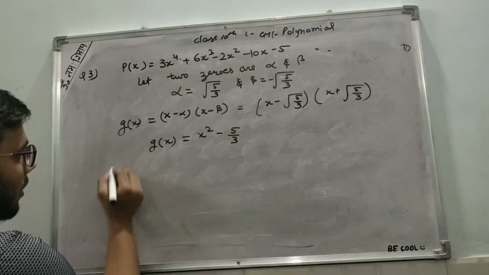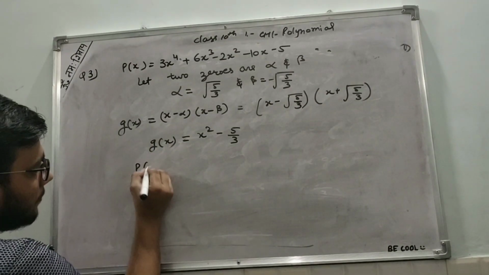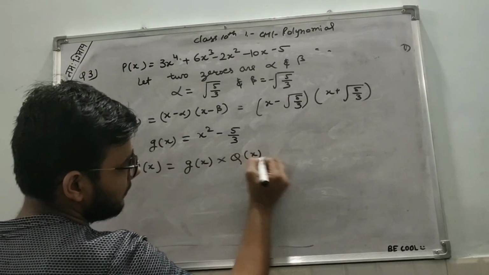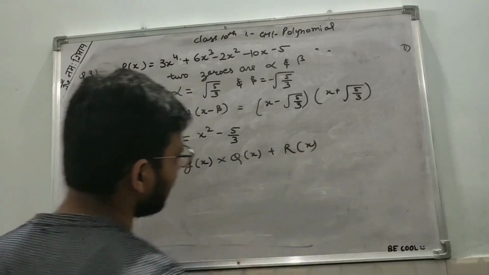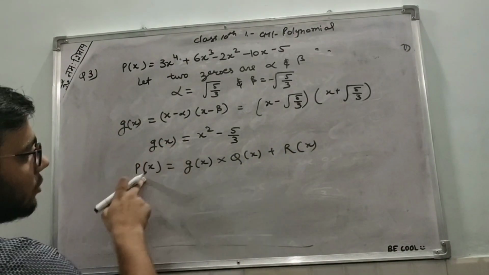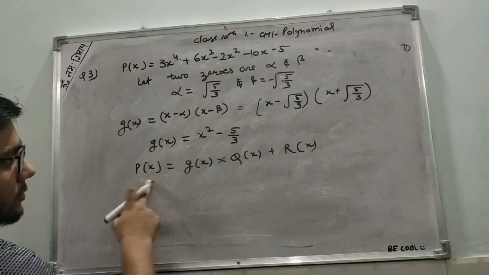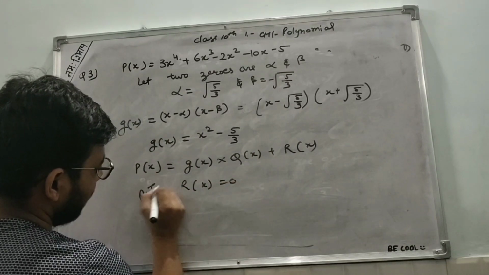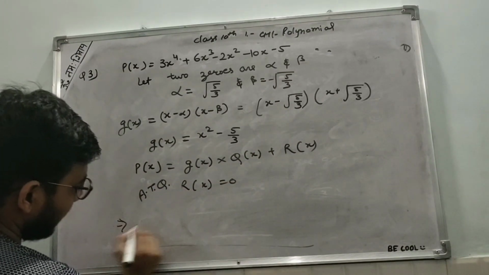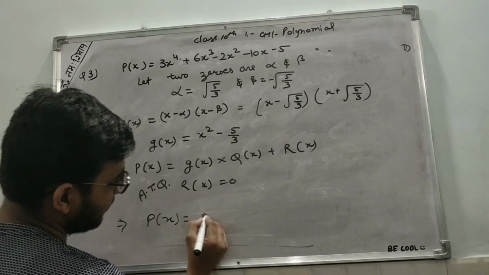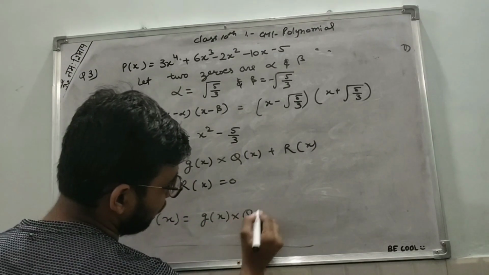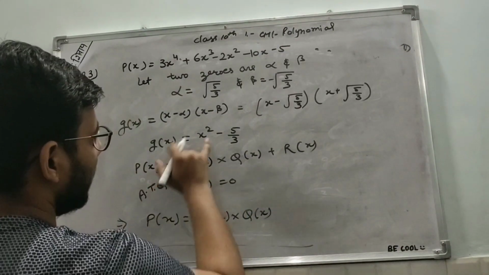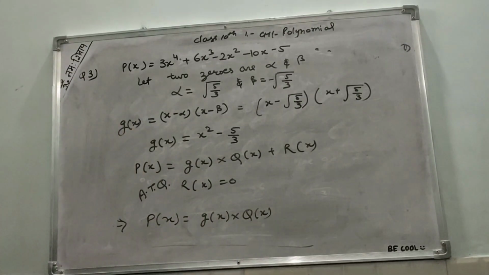Now apply the division algorithm. We have p(x) = g(x) q(x) + r(x), but g(x) is a factor of p(x), so r(x) is 0 according to the question. So we get p(x) = g(x) q(x). We have to find q(x). So g(x) is x^2 - 5/3.